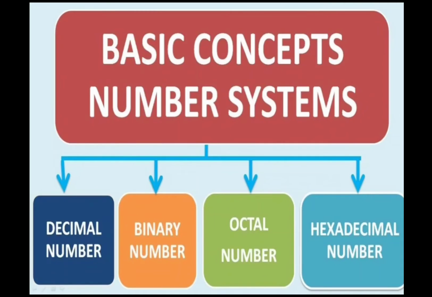In number system conversion, we will study to convert a number of one base to a number of another base. There are a variety of number systems such as decimal numbers, binary numbers, octal numbers, and hexadecimal numbers.